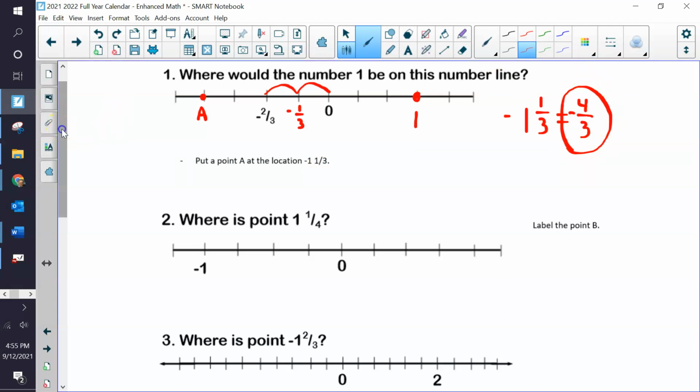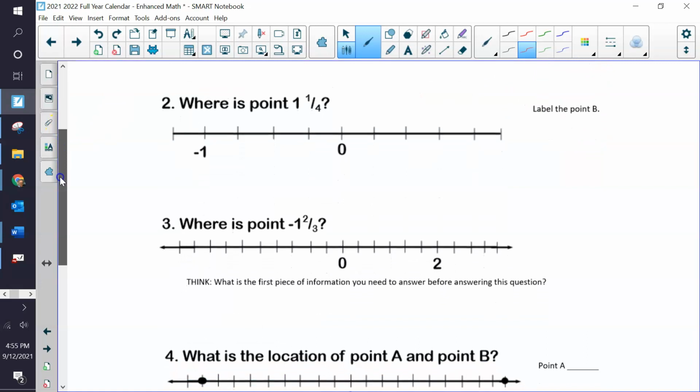So let's take a look at number 2, 1 and 1/4. So I see 0, and I need some other information. I can't just go by 0 because I need to know what am I counting by every time I see these marks right here. I know -1 is here, and I can see that there's 1, 2, 3, 4. There's 4 jumps. So I must be counting by fourths when we make these jumps.